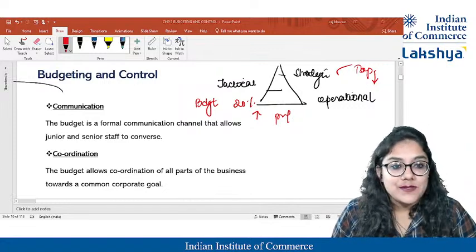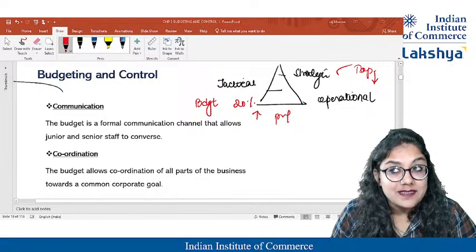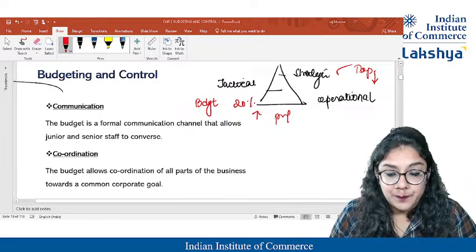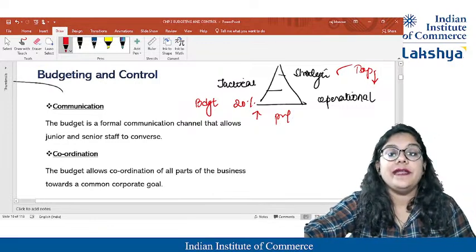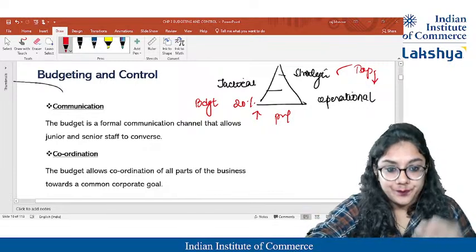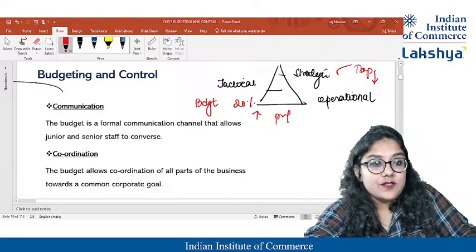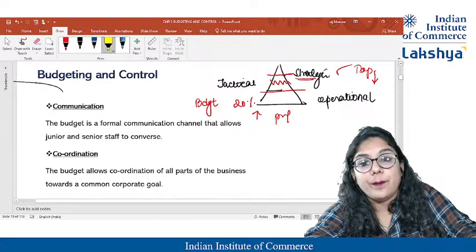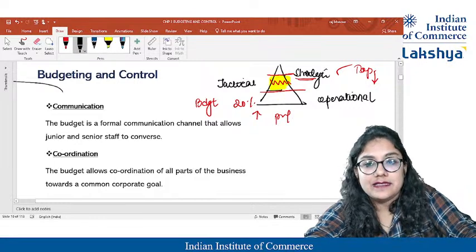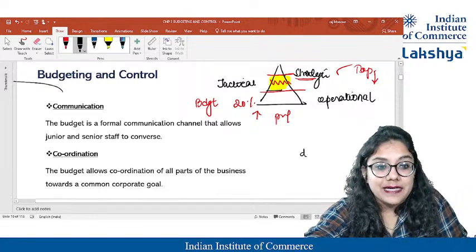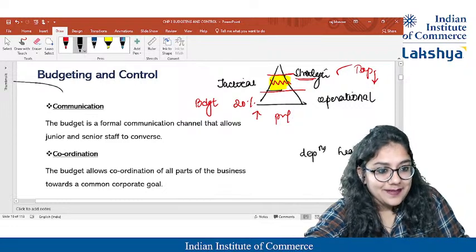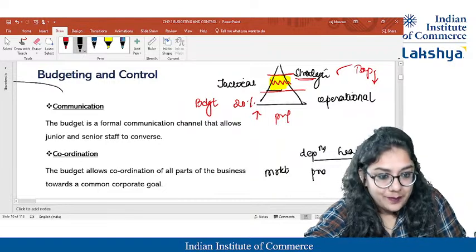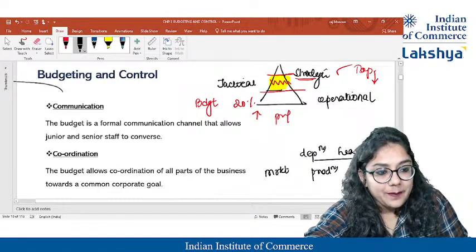But many times, you know what happens, guys? This is very common, and it happens in a lot of companies. There is a problem known as coordination. Many times it's not only the strategic level that makes the plan. Even the tactical level sometimes has to make budgets. The tactical level is the departmental heads, for example the marketing, production, R&D and HR departments.